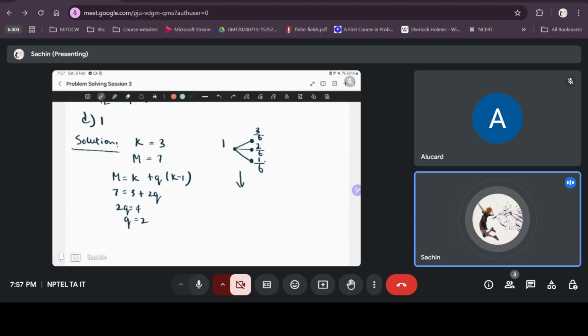But you initially have K leaves extending from the root node. So at the end of the algorithm, you will be left with K plus Q into K minus 1 leaves, which correspond to the number of messages. So the number of messages is K plus Q into K minus 1.